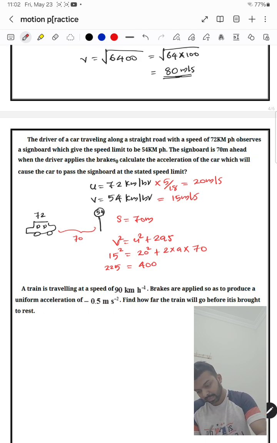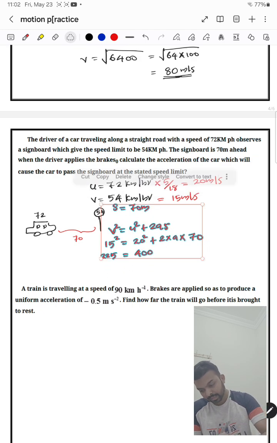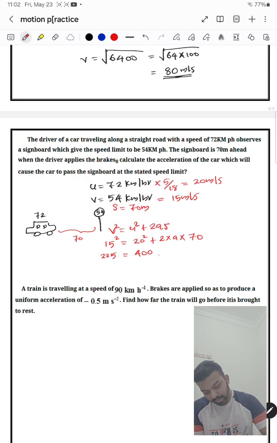Let me make some more space here to do the question. Plus 2 into 70, you can just write it as 140 into A. In the next step it becomes 225 minus 400 is equal to 140A.